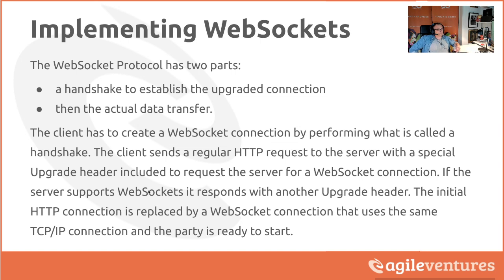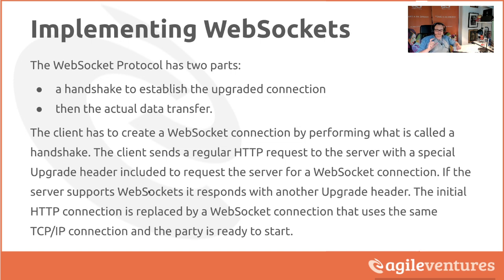And what we need to do is to establish a handshake between two devices, and that handshake is being established when a regular HTTP request is being upgraded to WebSocket, right? So the initial connection is made over HTTP, and then that connection itself is being recognized as a WebSocket request and is being upgraded to that protocol.